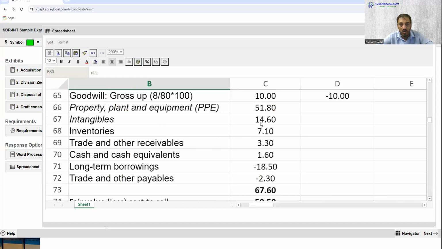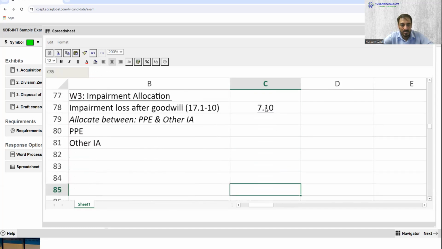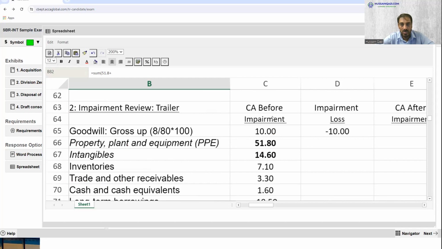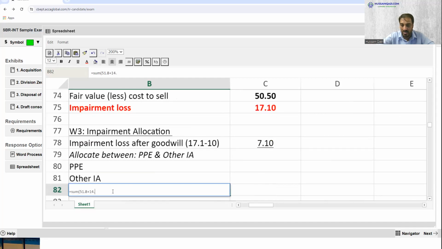So what are the values? The values are 51.8 and 14.6. 51.8 plus 14.6.